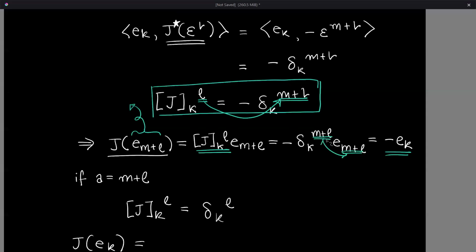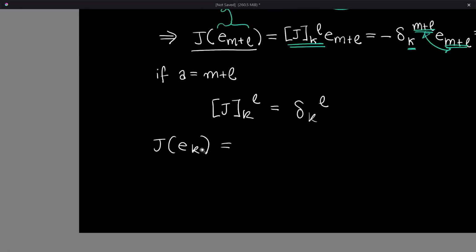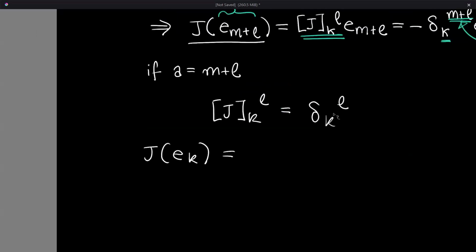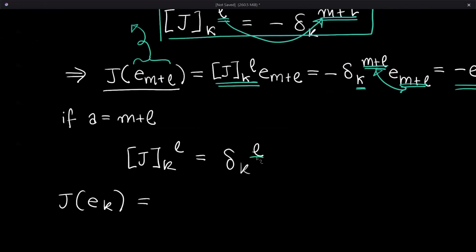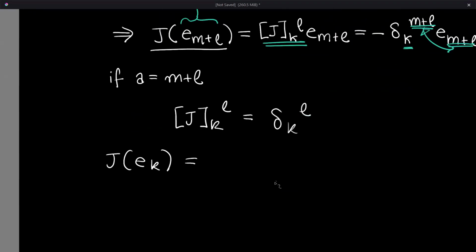This is what we were after. Since these two indices are the same, we can just replace this with K. That's what we did here. That's why we started with EM plus L. And that's why in this one we start with K, because we have an L over here. So we don't need to do that.